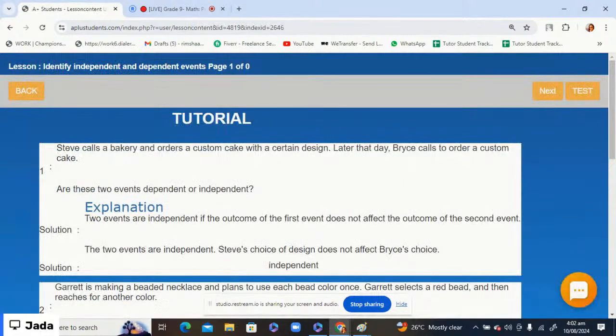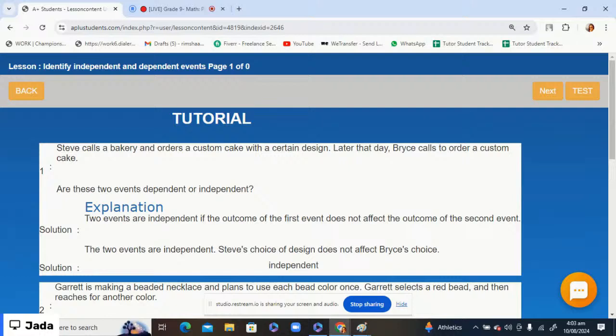First of all, let me tell you the meaning of dependent and independent events. An independent event is an event whose outcome is not affected by another event, and a dependent event is affected by the outcome of a second event. For example, when we choose a card from a deck and then choose another without putting the first card back in the deck.